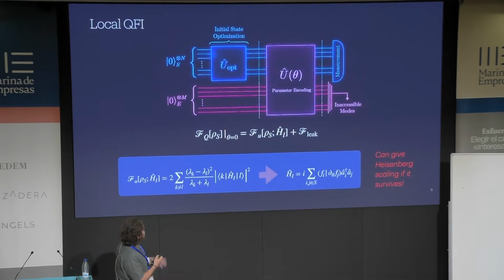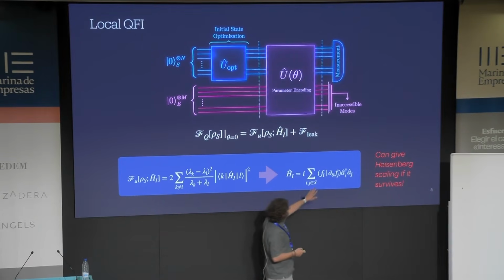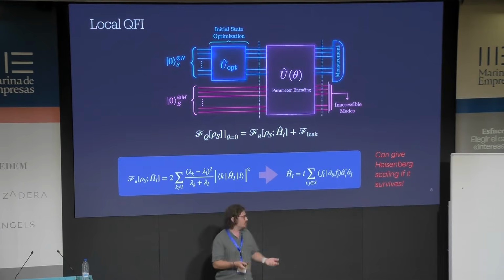And then once you've done all these calculations, you see that this actually splits into two very nice parts. The one part, which is very interesting, is always within the accessible modes. And the condition is that if you want a Heisenberg type of scaling, the derivative of the modes overlapping with your modes is going to survive.